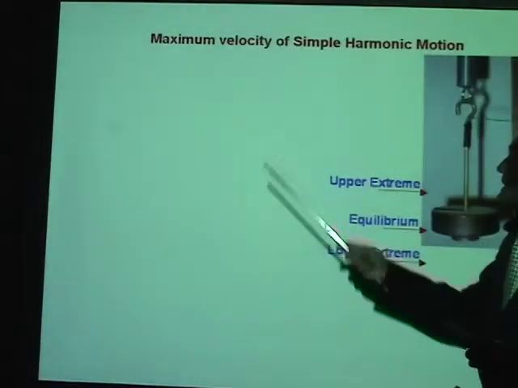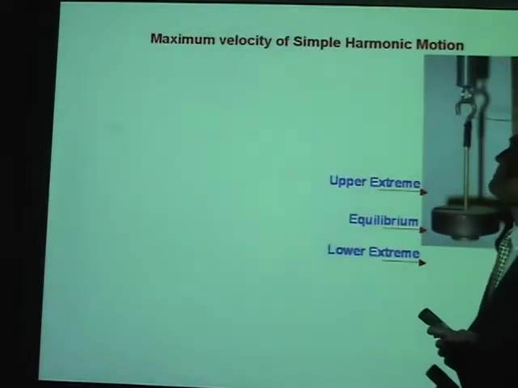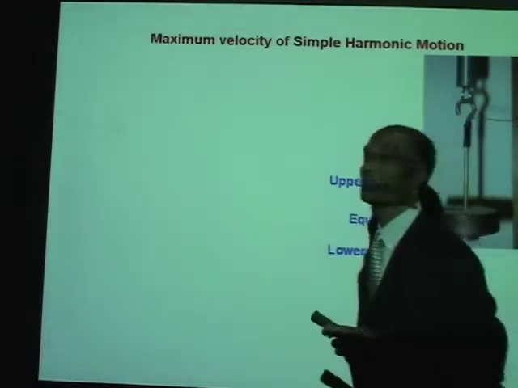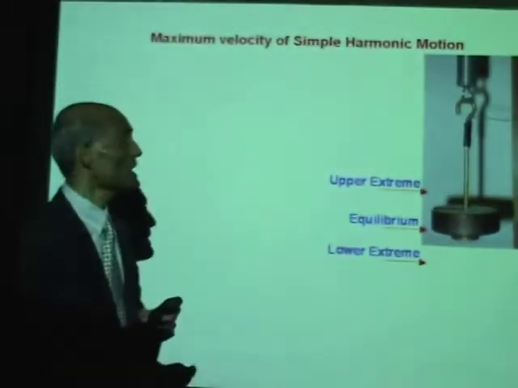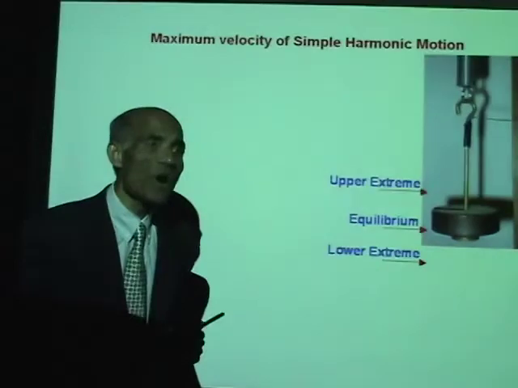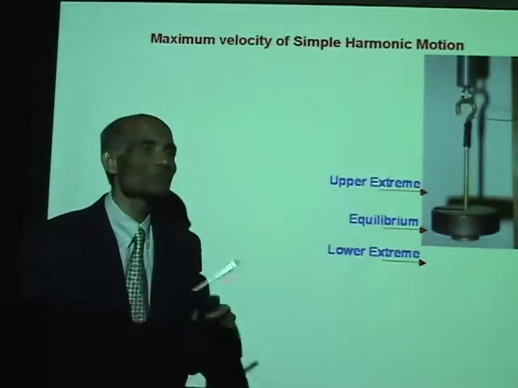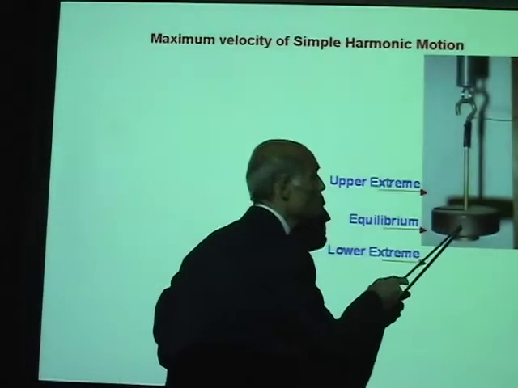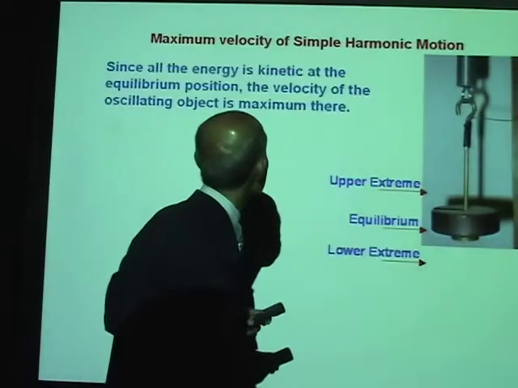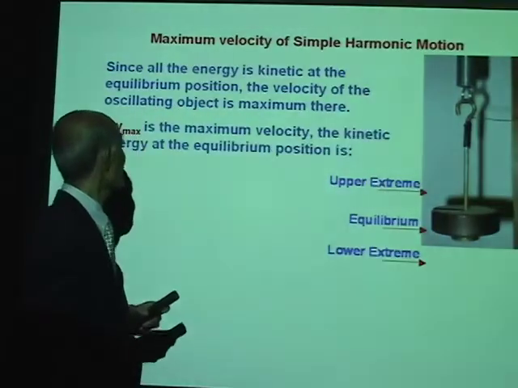Okay, let's now talk about the maximum velocity of a simple harmonic motion. Tell me, where will the object have the maximum velocity? Maximum velocity occurs at the equilibrium position. Is that right?